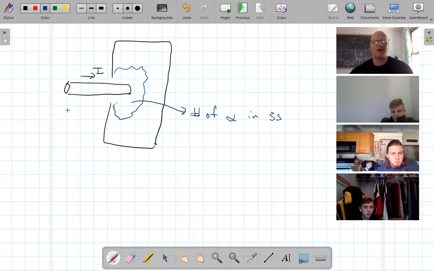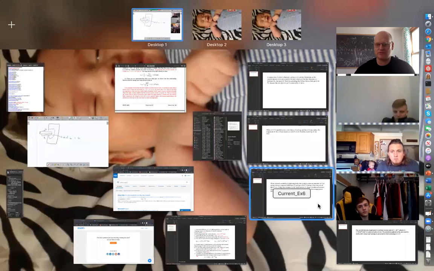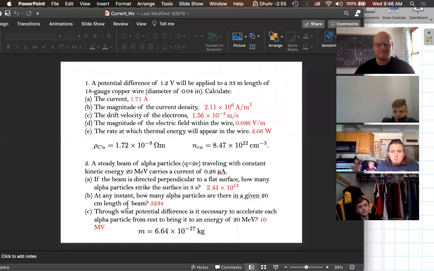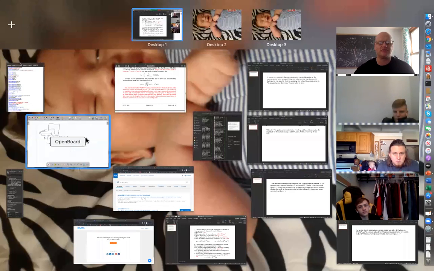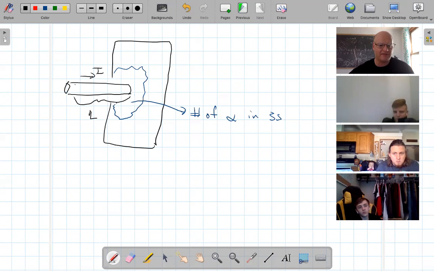Okay, this is part A. Part B is asking, how many alpha particles are inside the beam of some length L? Let me go back to the question. The length here is 20 centimeters. So it wants to know how many alpha particles are inside this portion of beam, which has a length of 20 centimeters.